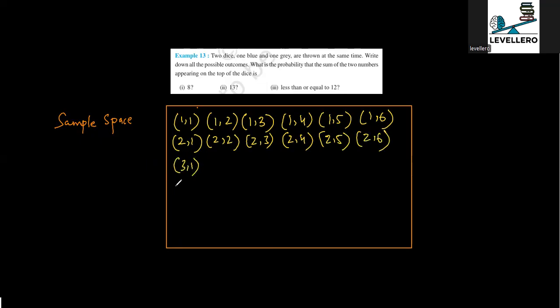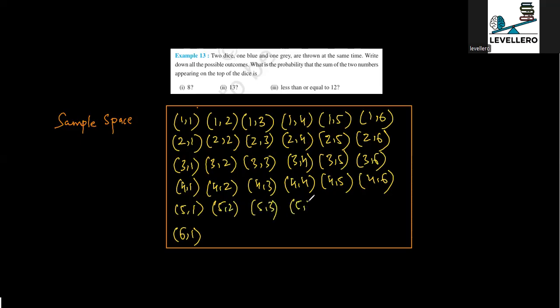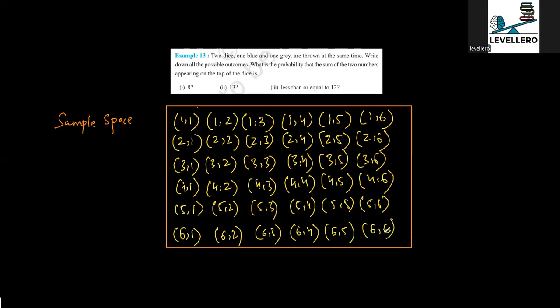Now we have 3,1; 4,1; 5,1; 6,1; 3,2; 3,3; 3,4; 3,5; 3,6; 4,2; 4,3; 4,4; 4,5; 4,6; 5,2; 5,3; 5,4; 5,5; 5,6; 6,6; 6,2; 6,3; 6,4; 6,5; 6,6. This is the sample space.